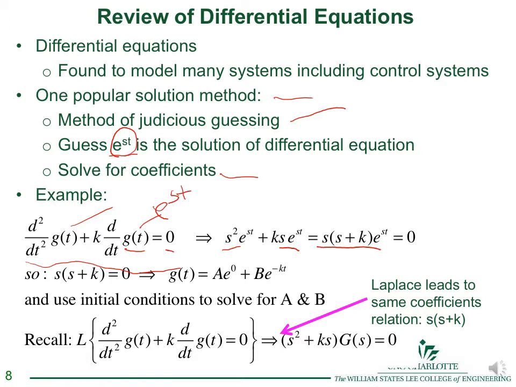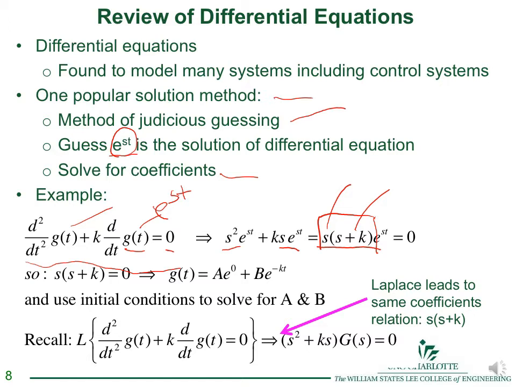Clearly, if this piece equals 0, then it'll satisfy the differential equation. So from this, we just solve for the values of s that will satisfy this solution. Obviously, if s equals 0, the solution is satisfied, and also if s equals minus k, the solution is satisfied.